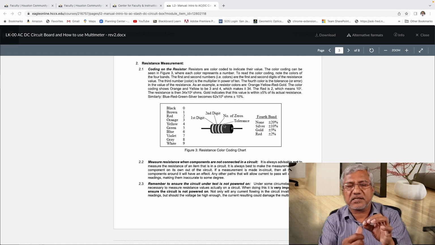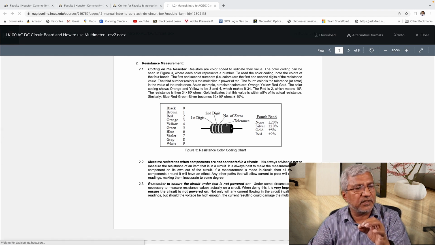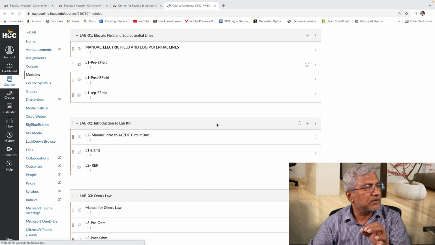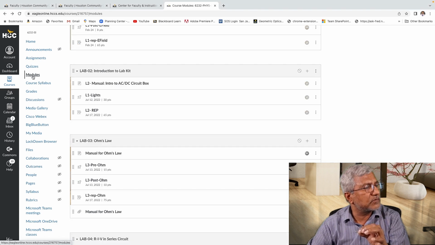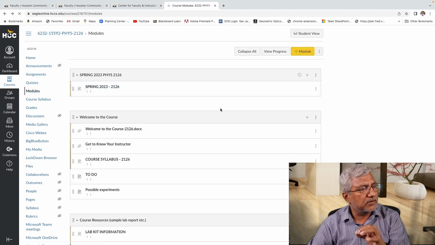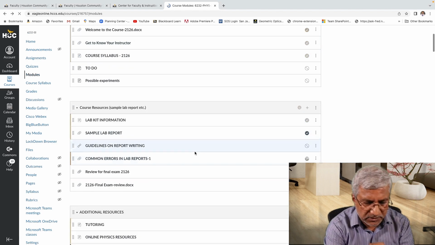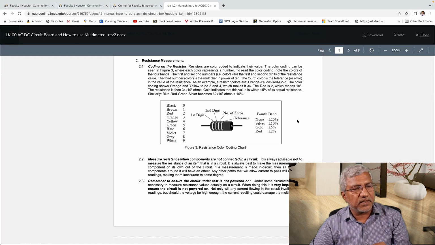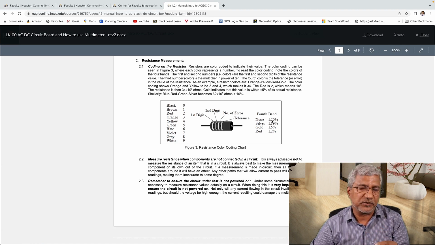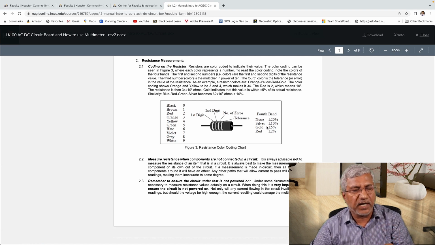And the last color, which is at the other end, is for the tolerance. You can see that if there is no fourth band, then it's plus or minus 20%. If it's silver, it's plus or minus 10%. If it's gold, it's plus or minus 5%.